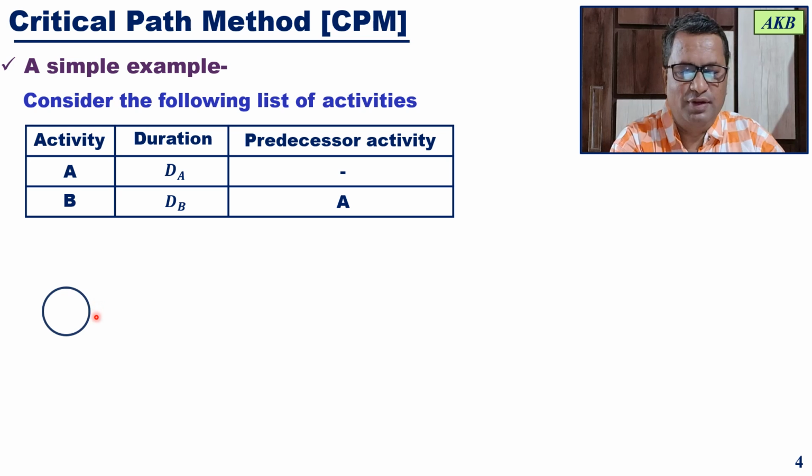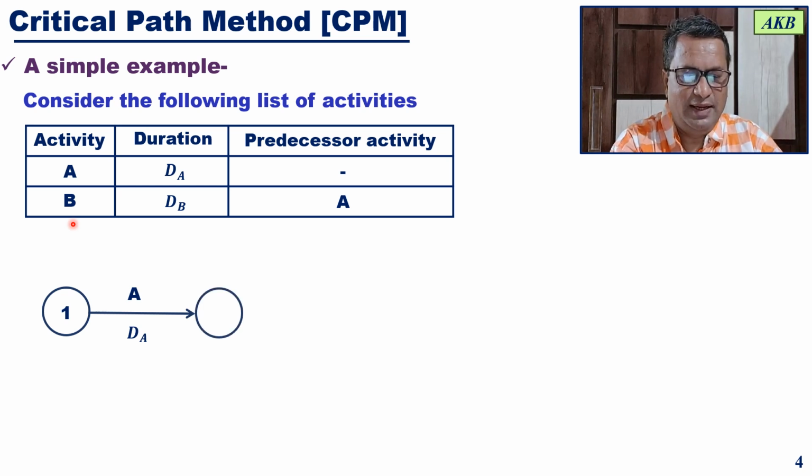So event 1 will be the starting event for activity A. Activity A will proceed for a duration of dA, and then it will end at event 2. That is, event 2 is the end event for activity A. You can also understand this as event 1 being the tail event for activity A, and event 2 the head event for activity A.